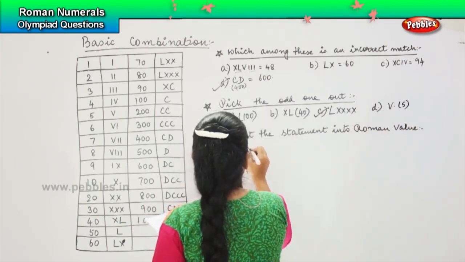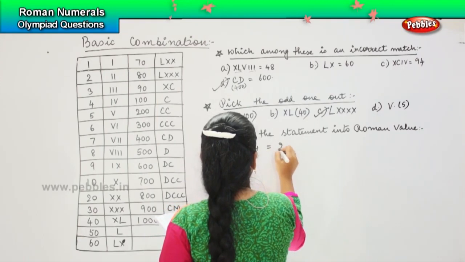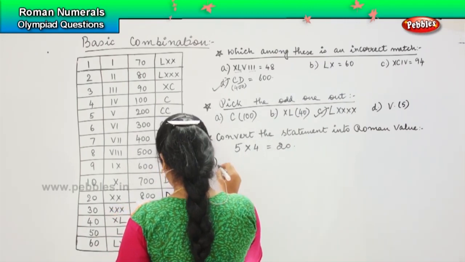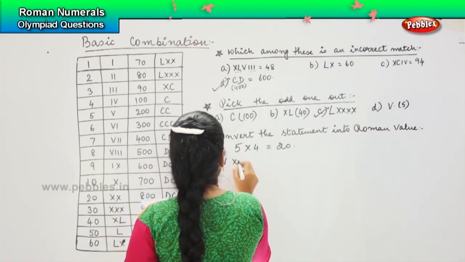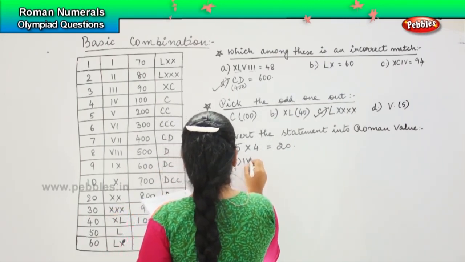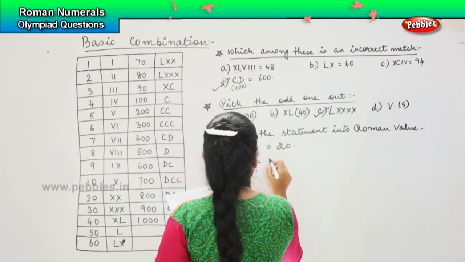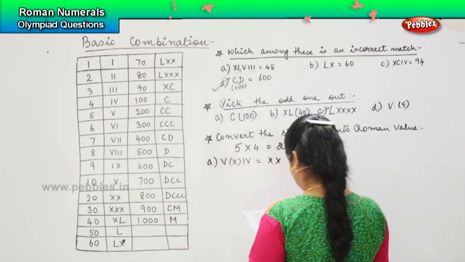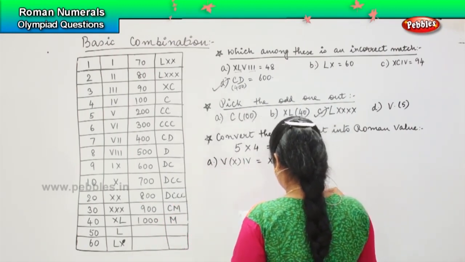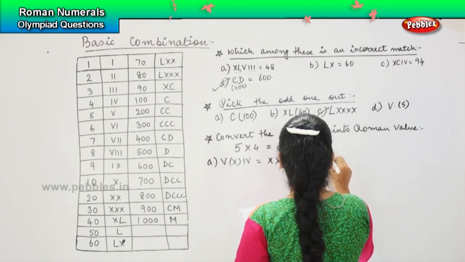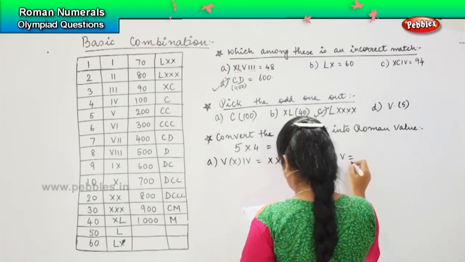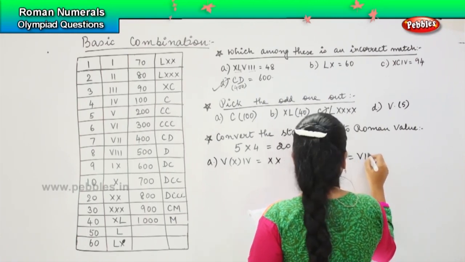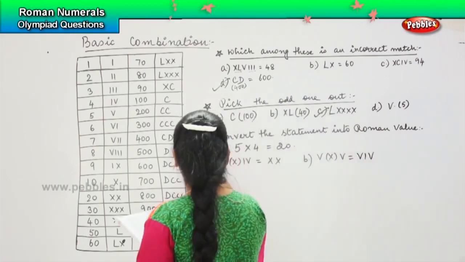And the question is 5 into 4 equals to 20. The options are, option A, V into IV equals to double X. Option B, V into V equals to VIV.